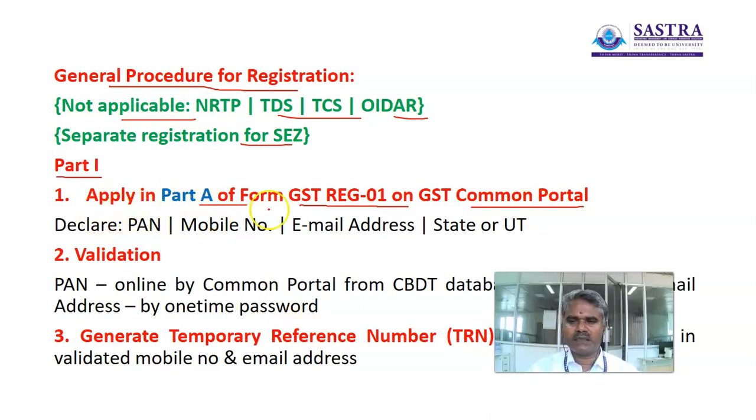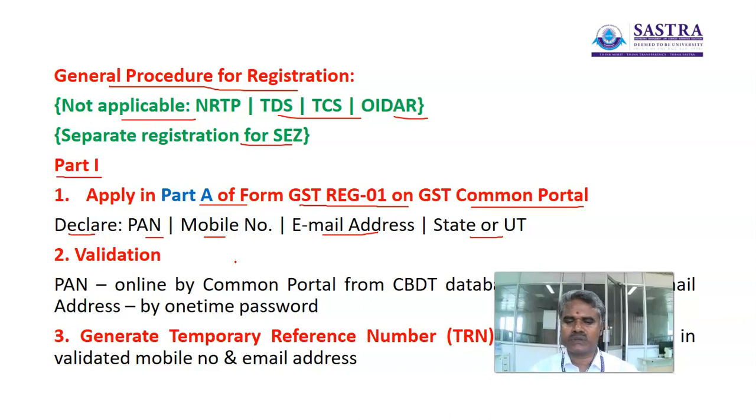Apply in Part A of Form GST REG-01 on the GST Common Portal. Declare PAN, mobile number, email address, and state or UT. This is to be given by the person who is going to register, or the owner of the business, or the representative or legally authorised person.